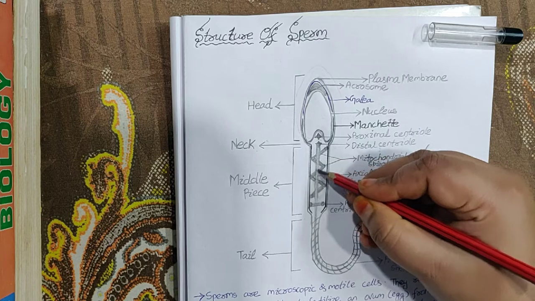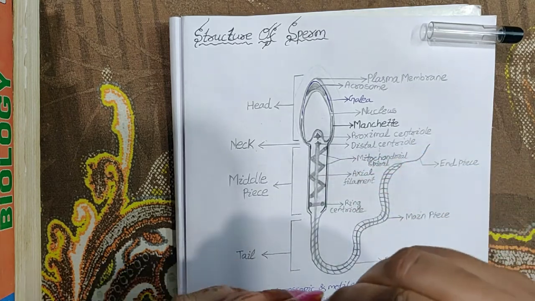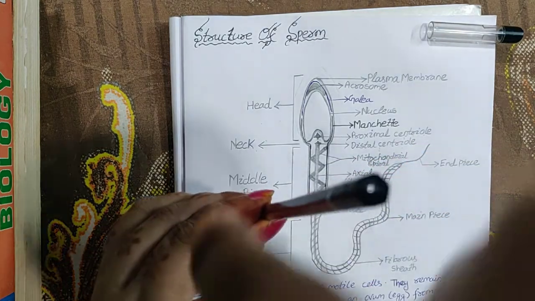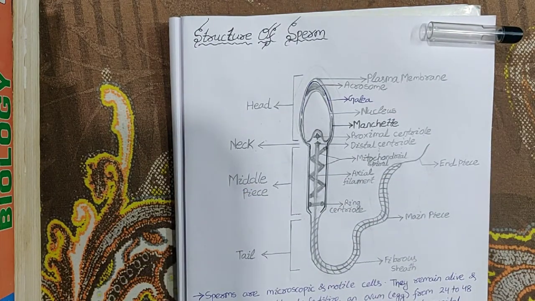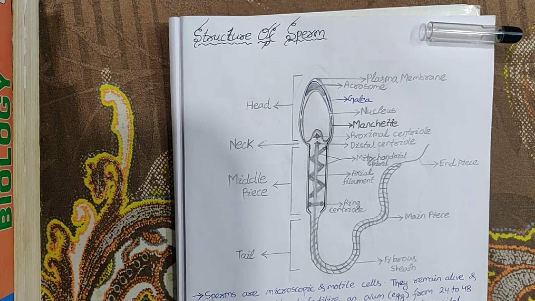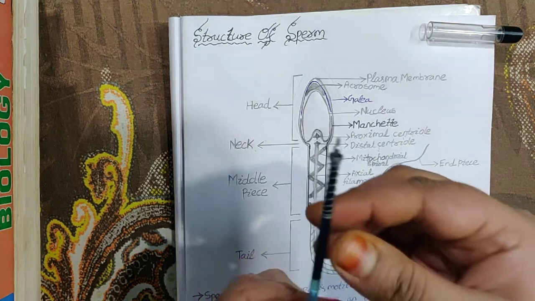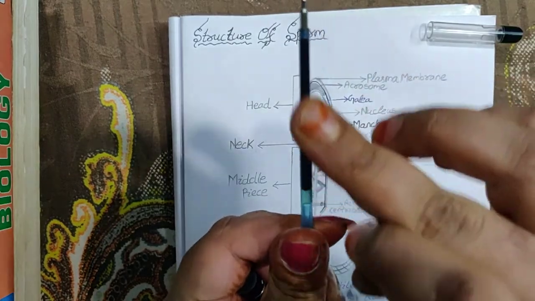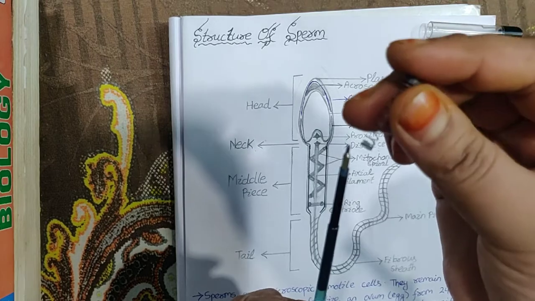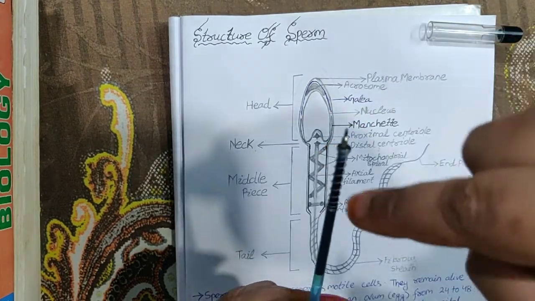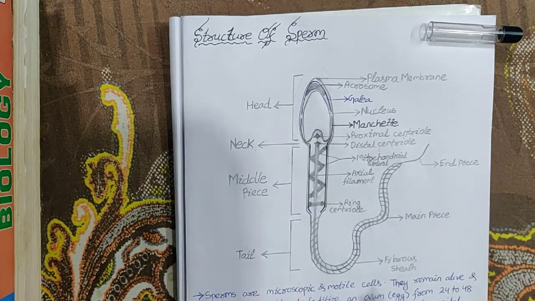This is your axial filament, and the mitochondria are arranged around it like this, in a spring like manner.